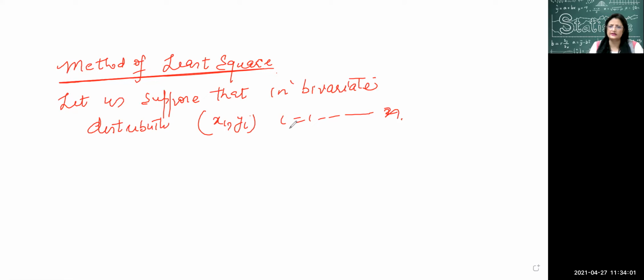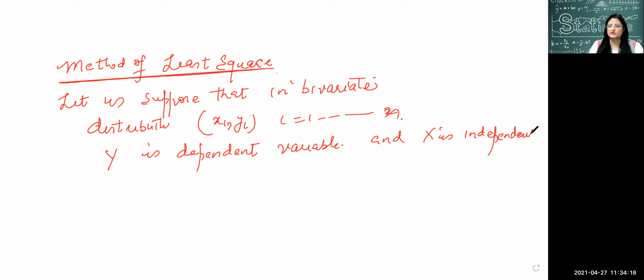I is the same, that's why simply I running from 1 to n. Y is the dependent variable and X is the independent. You can choose anyone. There is no hard and fast rule. You can take X as dependent, Y as independent variable.